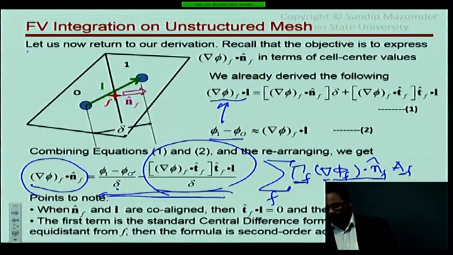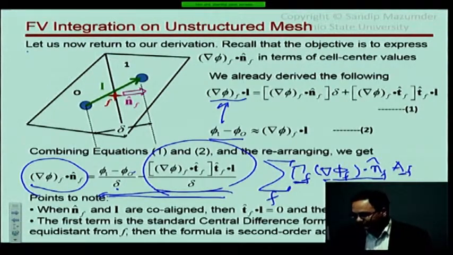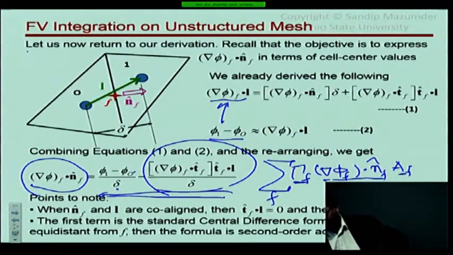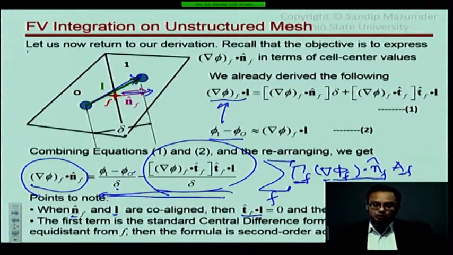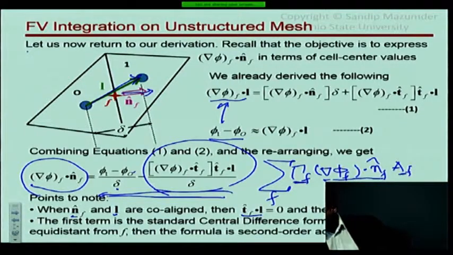We are going to talk about that additional term in the next class, but there are a couple of things I want to point out. If your NF and L are co-aligned, that is, this vector is co-aligned with the surface normal, then TF dot L is automatically 0 because the tangent will then be perpendicular to L. In that case, you can see here I have a TF dot L, and that last term will vanish.